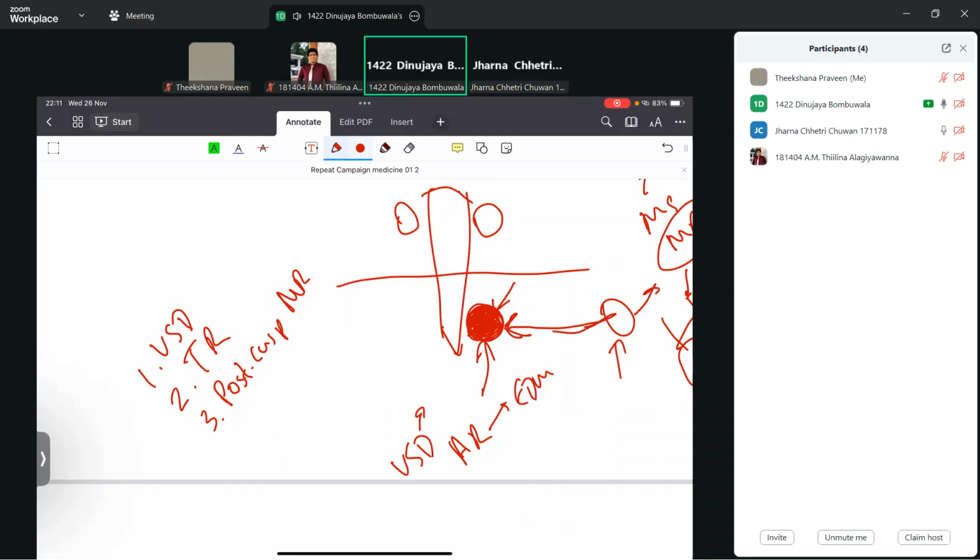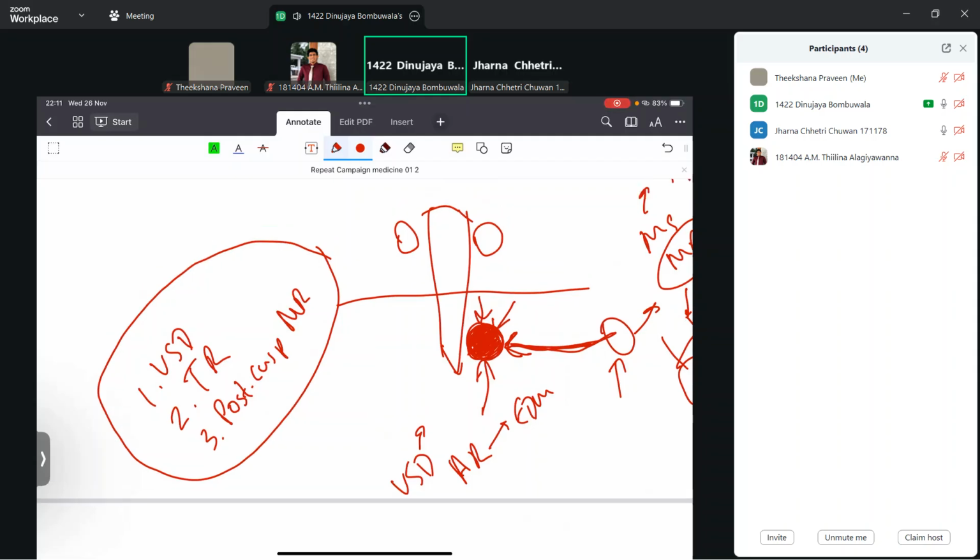So posterior cusp MR can also give rise to a pansystolic murmur at the left lower sternal edge. These three things are the differential diagnosis. Do you have any idea how I am going to differentiate these clinically?